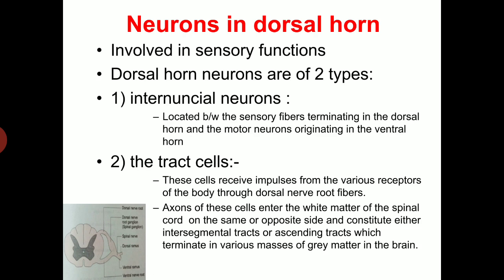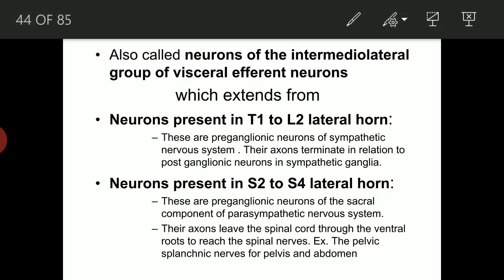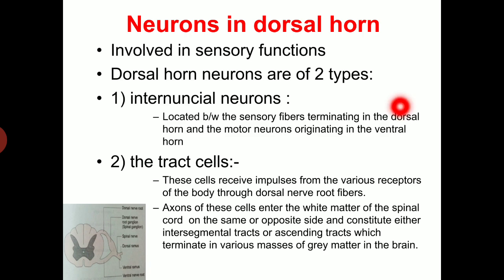Now, neurons in the dorsal horn are mainly involved in sensory function. Dorsal horn neurons are of two types, internuncial and tract. Internuncial neurons are located between sensory fibers terminating in the dorsal horn and motor neurons originating in the ventral horn, which is why they are called internuncial neurons. Tract cells receive impulses from various receptors of the body through dorsal nerve root fibers.